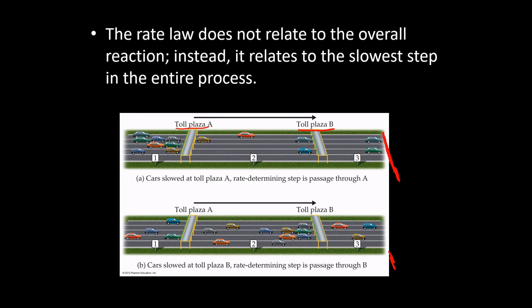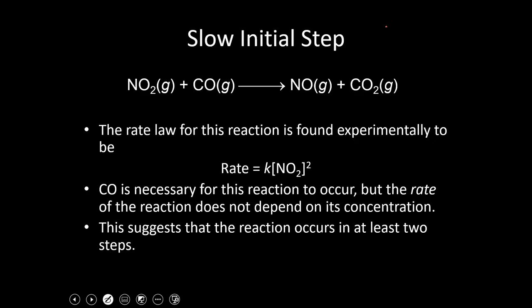And so this is really important for figuring out what's going on with chemical reactions. The reason why, when we look at an equation, the rate law does not match the balanced chemical equation is because what the rate law matches is the slowest step in the overall process, what we call the rate determining step.